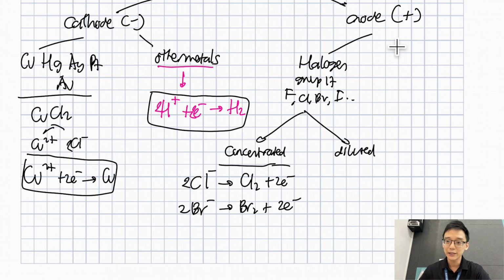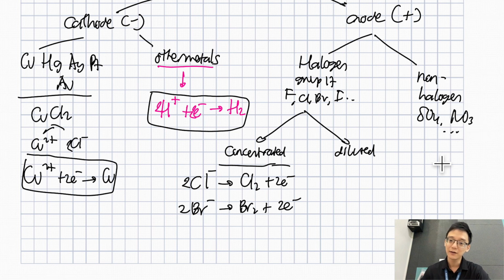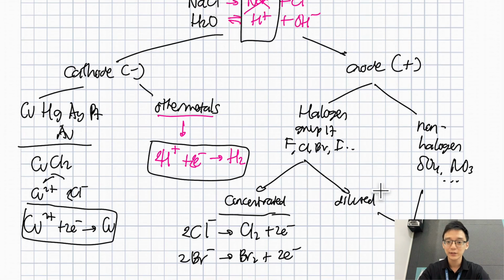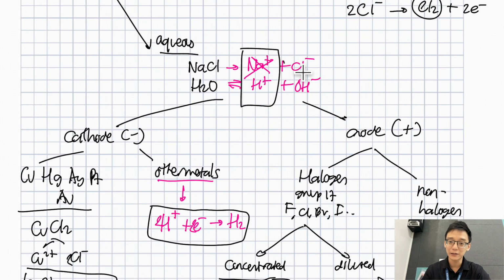If it is diluted or it is non-halogen, for example SO4 or NO3, for now we can say that the OH will be oxidized instead. So here we have halogen. Halogen can beat OH, so Cl will be oxidized.